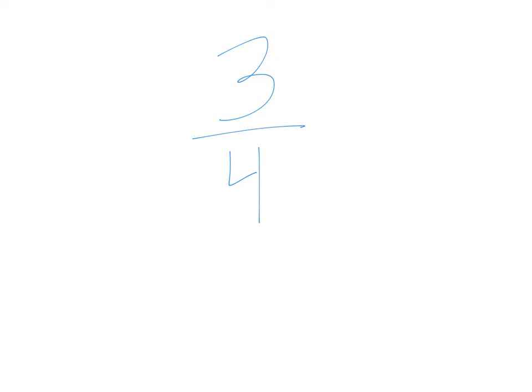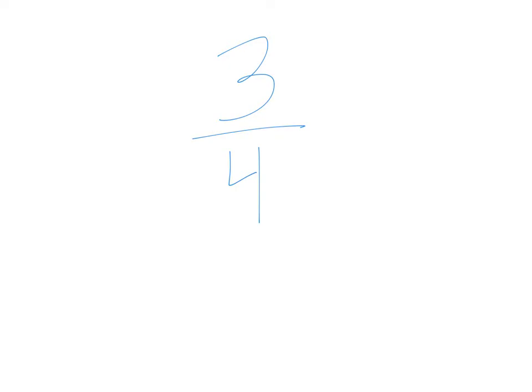As I have up here on the screen, 3 over 4 represents the fraction we commonly know as 3/4. All fractions represent a part to total relationship. So the number on top is our part, and the number on the bottom is our total.